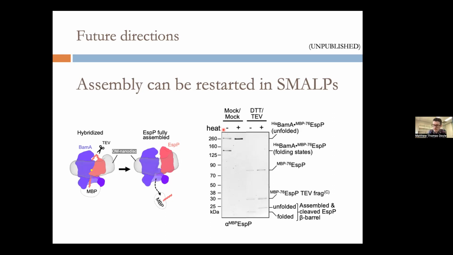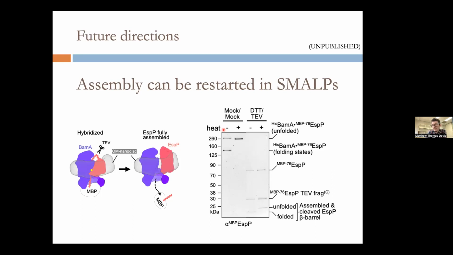So there's an egg scenario. In terms of how many BAMs there are, there's perhaps 2,000 or 3,000 copies of BAM in the outer membrane at any one time. That's very, very few if you think about it, if one major porin might have 1 million copies in one cell.